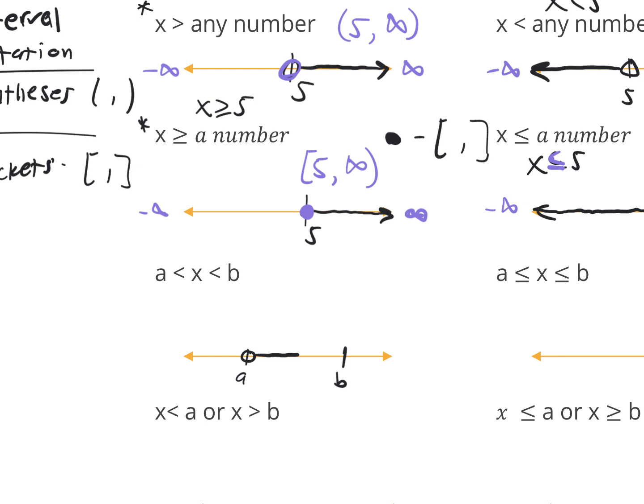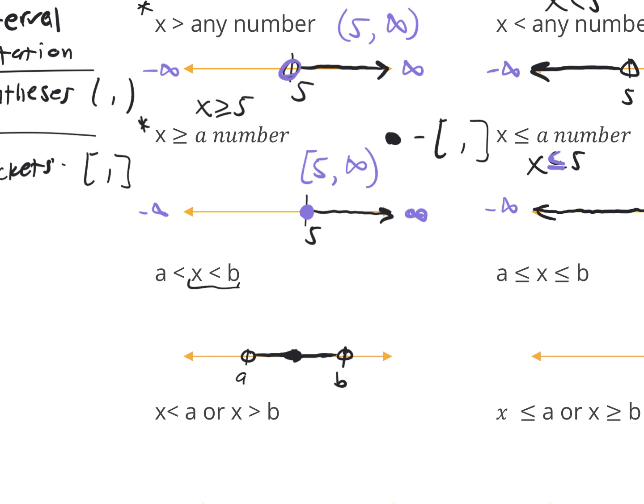So we're going to go in this direction. And now doing this portion of it, x is less than b, again, you're going to have an open circle at b because we are not including b in our solution. And if x has to be less than b, anything less than b is going in this direction. So they kind of meet in the middle.